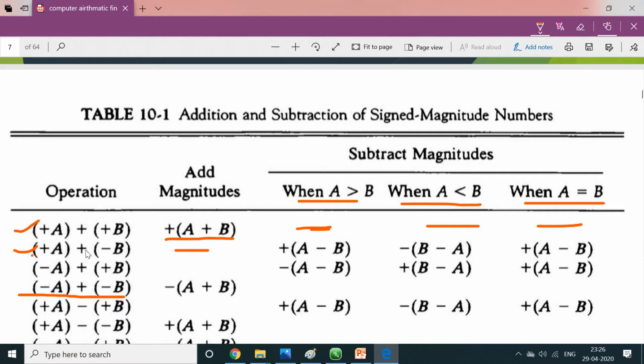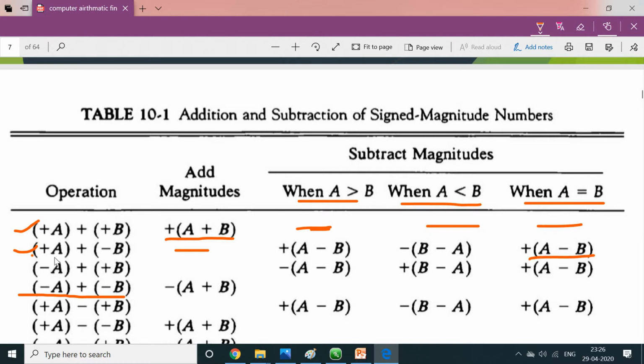That means plus into minus gives minus, the A minus B operation: plus 5 minus 5, the result is equal to 0. That is represented in positive representation. Sometimes 0 can be represented as either plus 0 or negative 0, but the default representation is a positive number, so here it is positive 0.